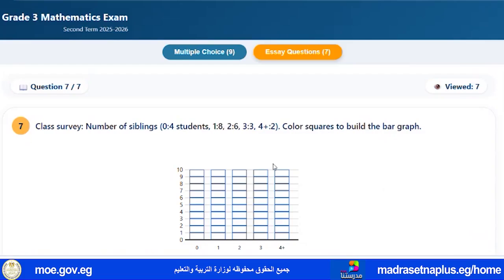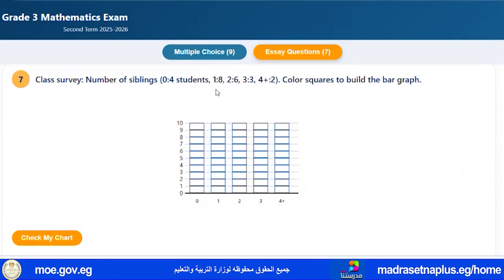Okay, for this one, I can color according to the number of students. Okay, 1 sibling, 2 students. Okay, 0 siblings. That means no brothers, no sisters. 4. 1 sibling 8, 2 siblings 6, 3 siblings 3.